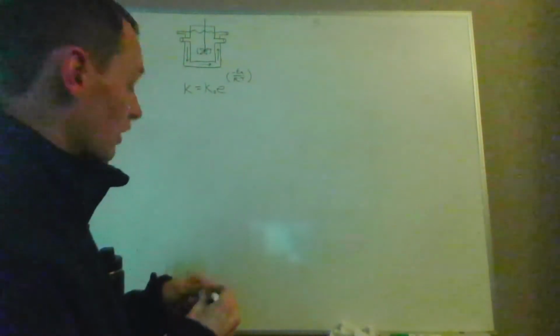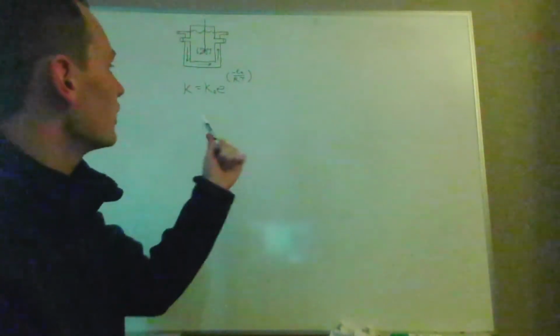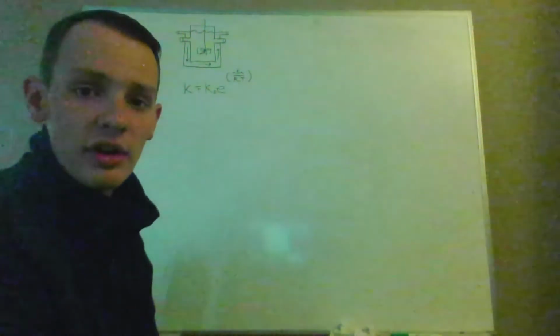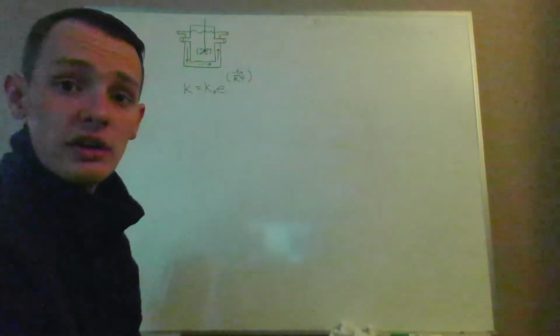Well, the big thing to understand here is that we have the activation energy divided by the ideal gas constant R, and that's basically a scaling factor for how much the temperature is going to affect the frequency of your collisions.